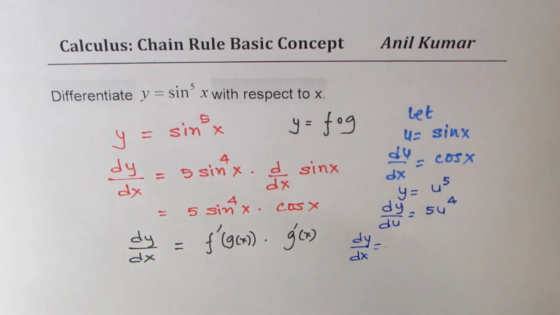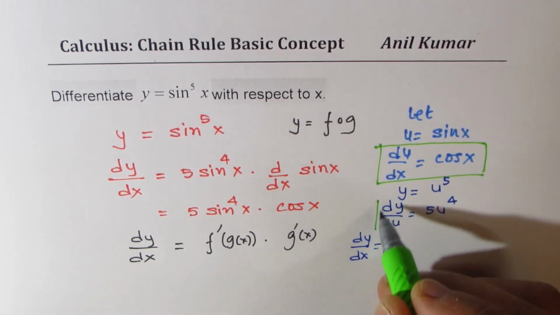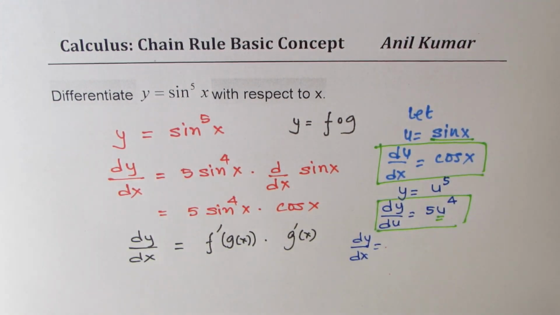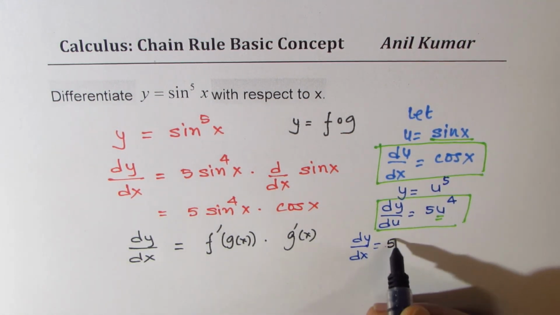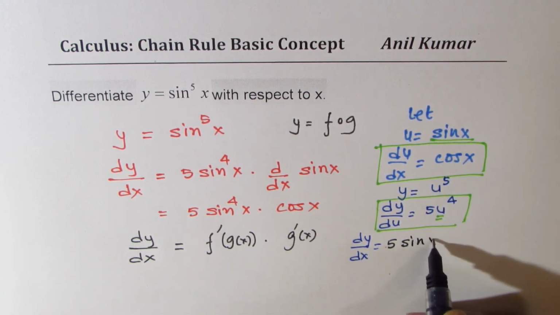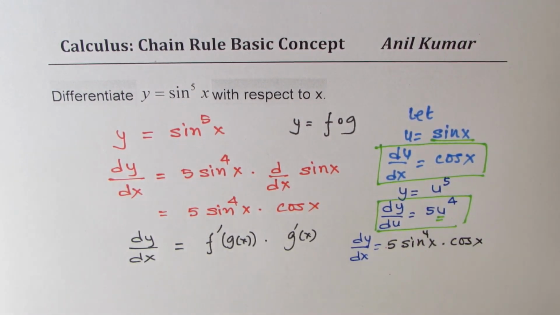So let me highlight them for you. Just multiply them, replacing u with sine x, correct? So what do you get? You get the result, which is 5, and u is sine x, so we get 5 sine x to the power of 4 times cos x. So I hope this concept is absolutely clear. So we have shown it in both nomenclatures, how to find the derivative of a composite function using the chain rule.